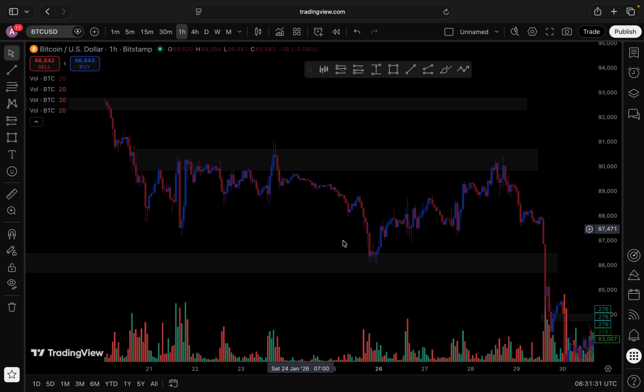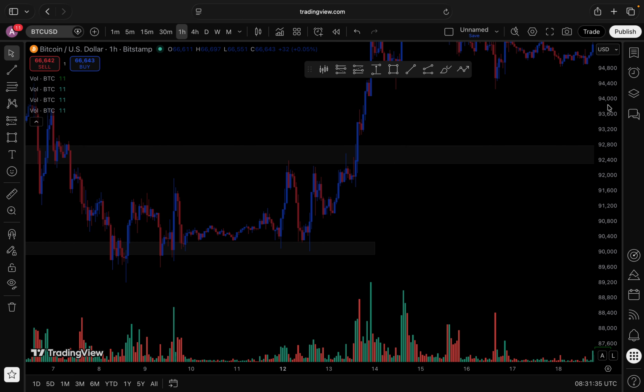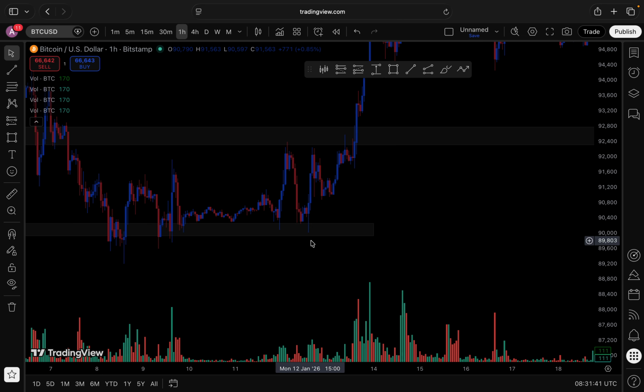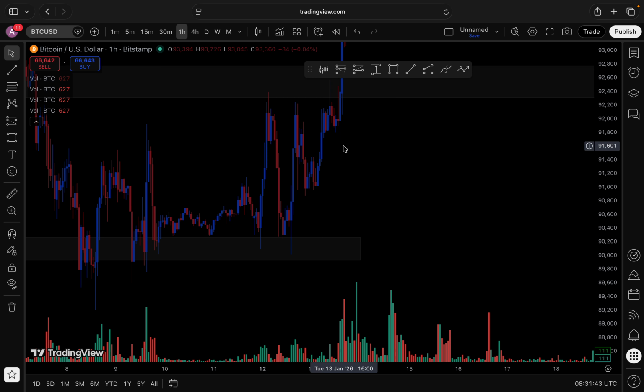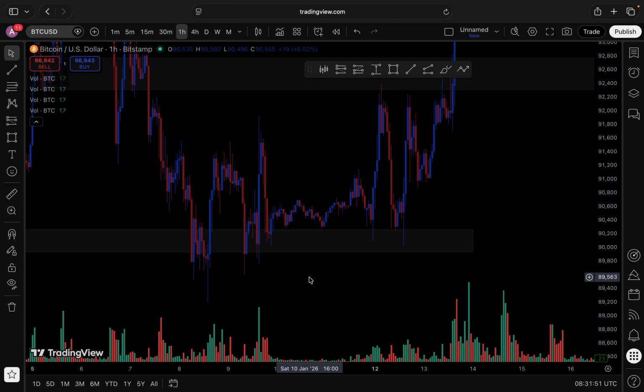Look, check me out. It does the same thing. Price created a higher high and a higher. This is not even a higher low. This point is a higher low, and I'll talk about consolidation zones in another video, because price is sometimes in a consolidation zone.